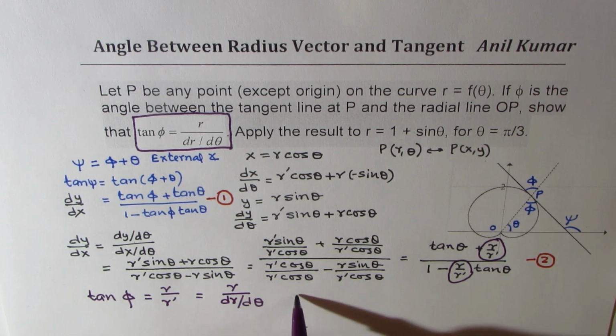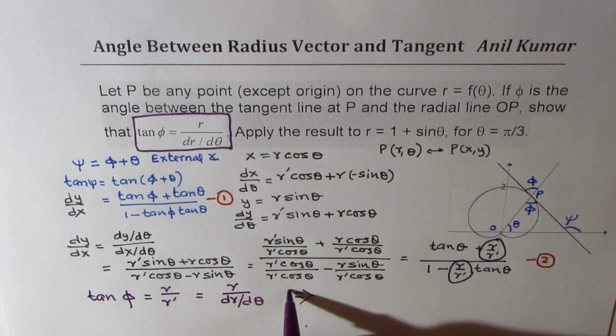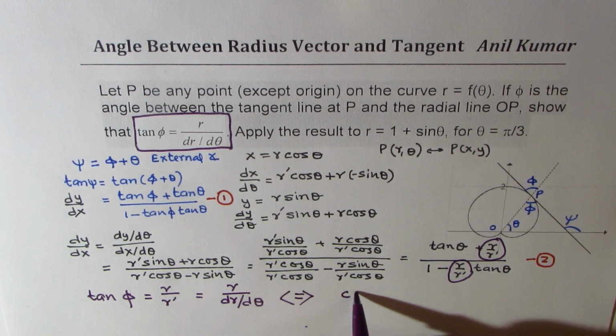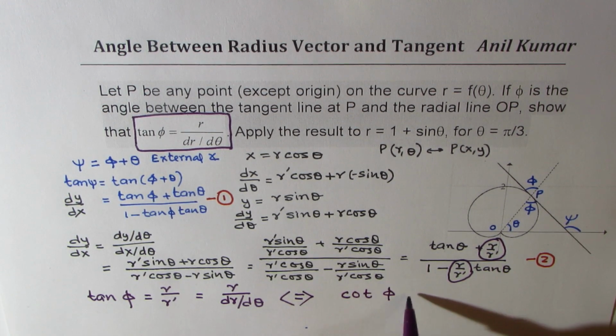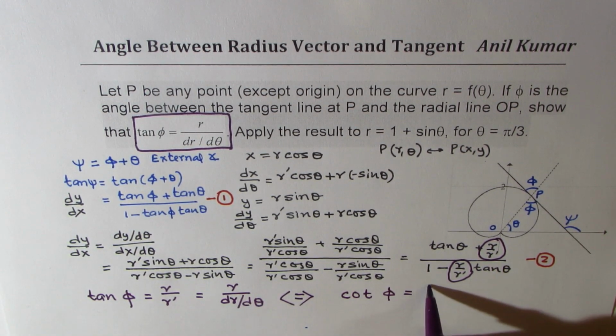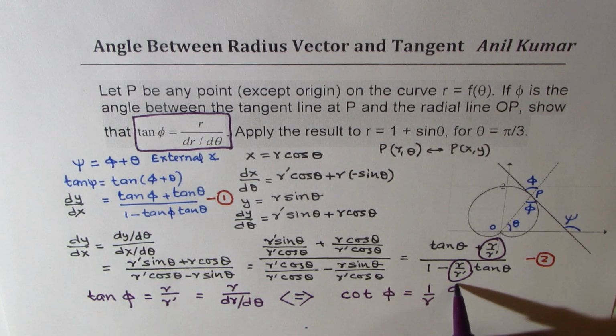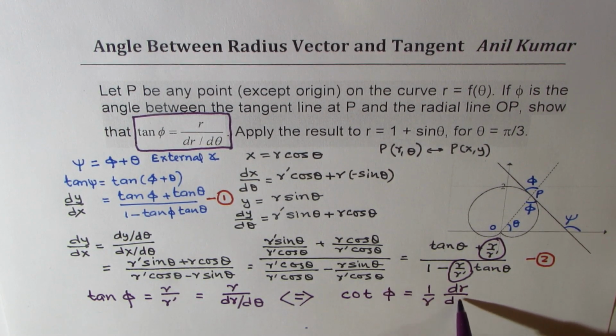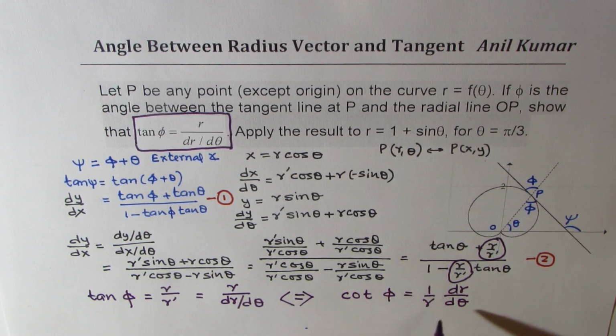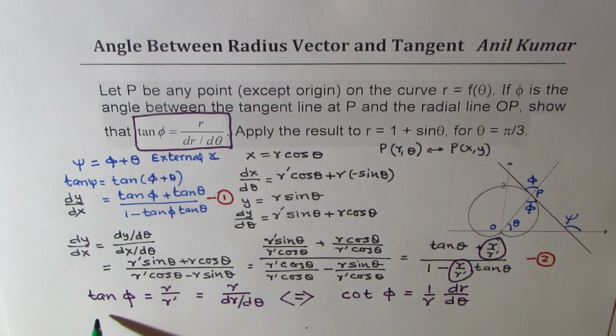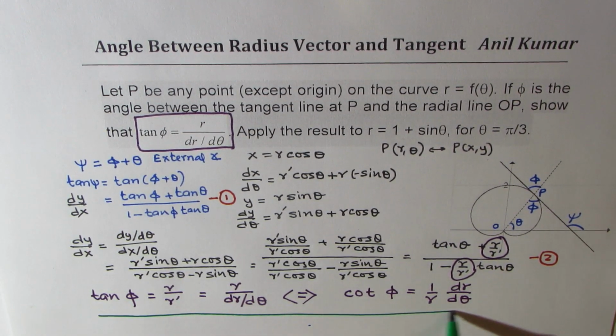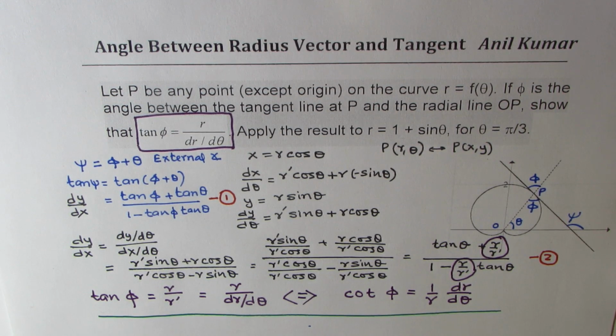So let me write down the reciprocal equivalent of this also, which is cot phi equals, reciprocal means 1 over r dr d theta. Now this is an equivalent expression and will be used many times to find the angle between the radius vector and the tangent. I hope the derivation is straightforward.